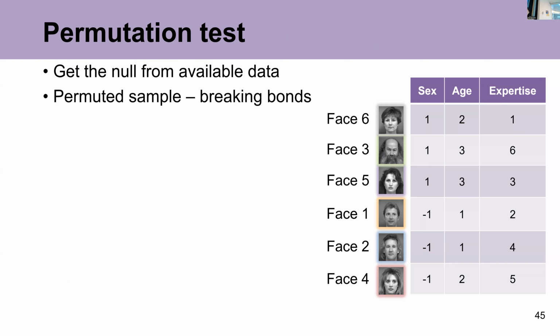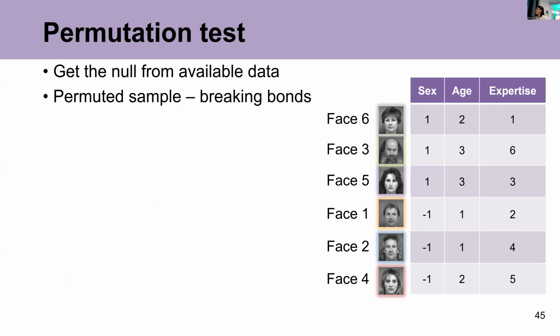So if I'm doing a correlation between their pictures and, for example, sex or age, now there's no association. So now the null is true, and we know it's true because of how we shuffled it. And when I compute a correlation, now it's going to give me a null distribution.